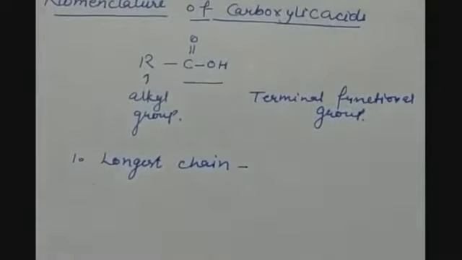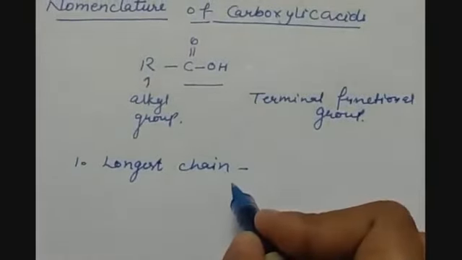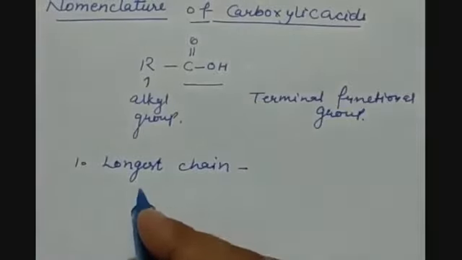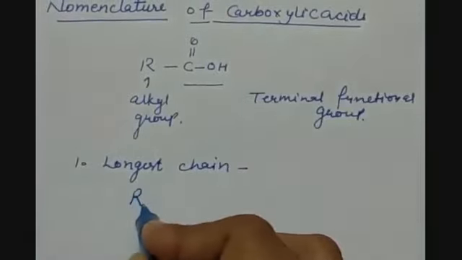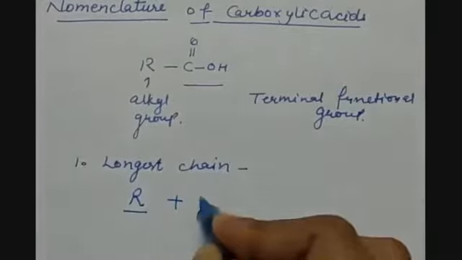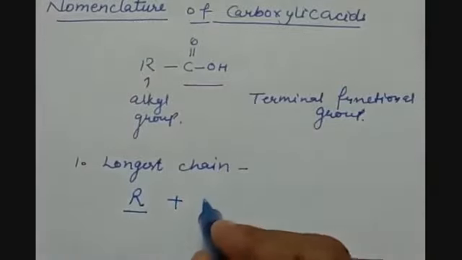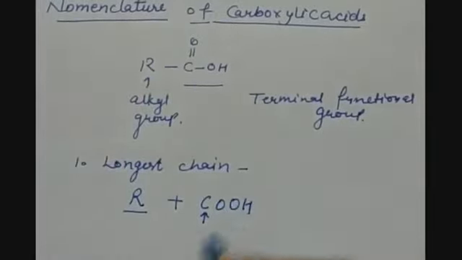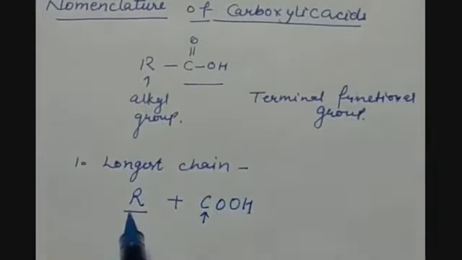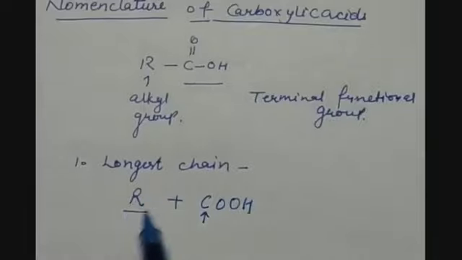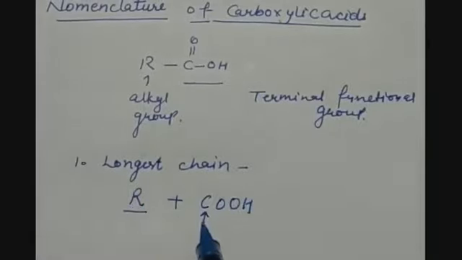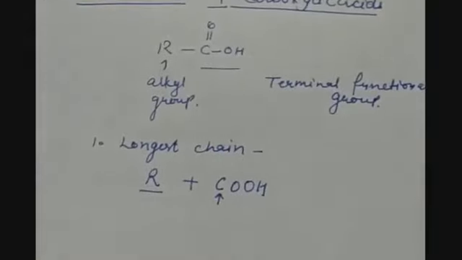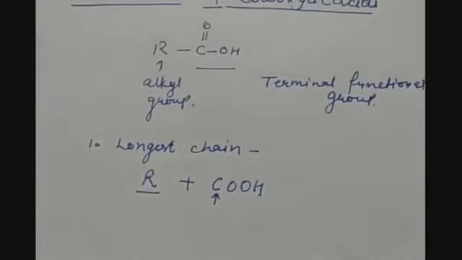And we have to find out the number of carbon atoms. While counting the number of carbons, we have to count the carbons present in R along with the functional group carbon. So the number of carbon atoms present in the alkyl group plus one carbon present in the carboxylic acid functional group, these we have to count to get the longest carbon chain.